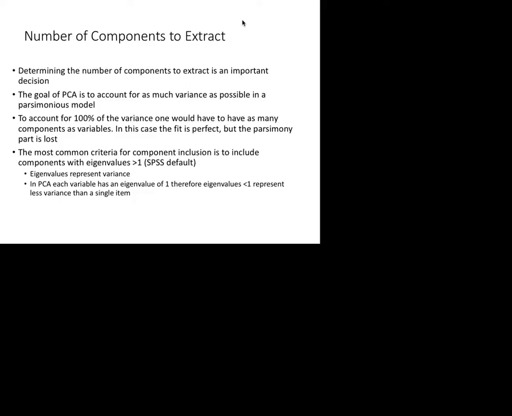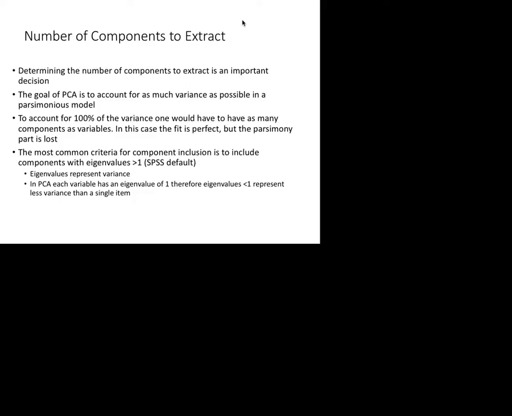It certainly isn't parsimonious. We want to account for as much variance as possible in a model with as few components as possible. That would ideally be a better solution than a model with a greater number of components that didn't explain any more variability in your overall data set.